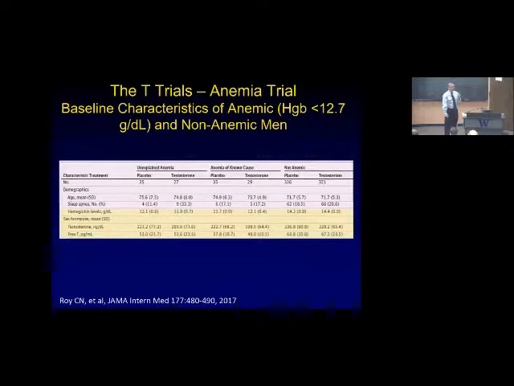That being said, we specifically looked at people that had unexplained anemia in the testosterone trial group, and that was a relatively small number. They had hemoglobin levels around 12, and they had testosterone levels that were by and large lower than individuals that were not anemic. The vast majority of individuals in the testosterone trials were not anemic, but they were also treated with placebo and testosterone.